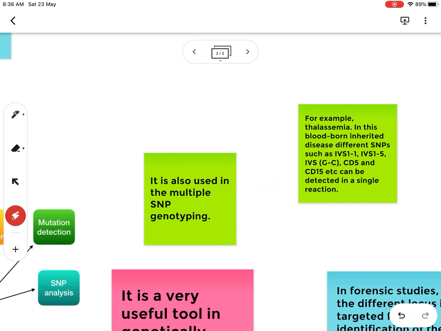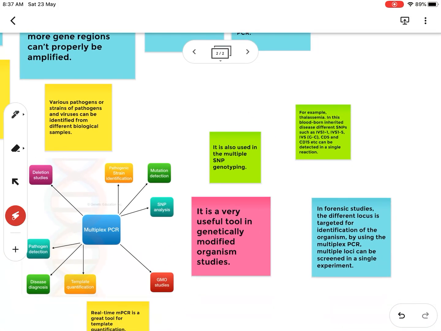Now in this particular case, thalassemia, in this blood-borne inherited disease, different single nucleotide polymorphisms such as the IVS1-1, IVS1-5, IVS-GC, ID5 and CD15 etc. can be detected in a single reaction.